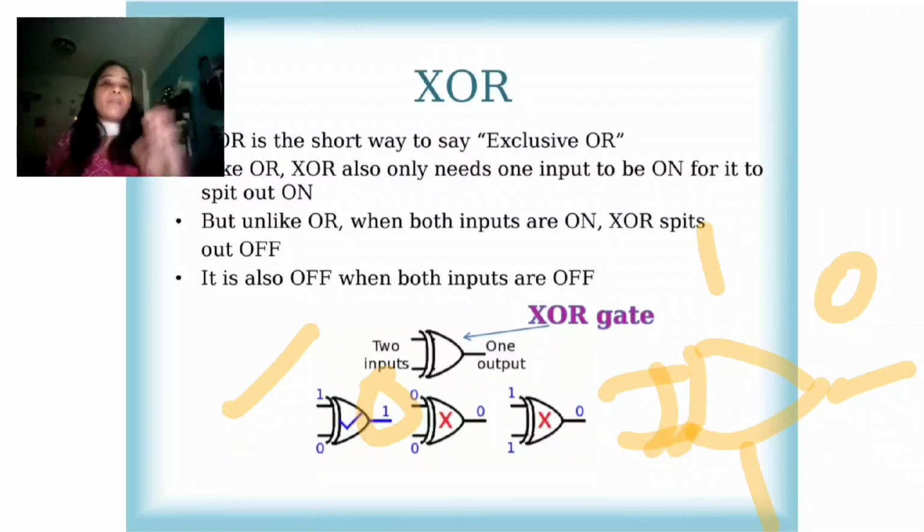If both inputs are passed as on, you also get on, right? But the XOR gate is totally different from the OR gate. Here, if only one input is true, you get the true output, but if we pass both inputs in the on position, we get the off position. That is the usage of XOR gates.